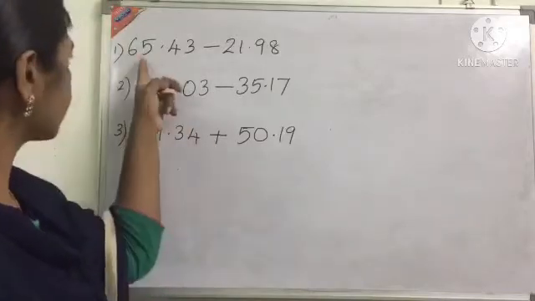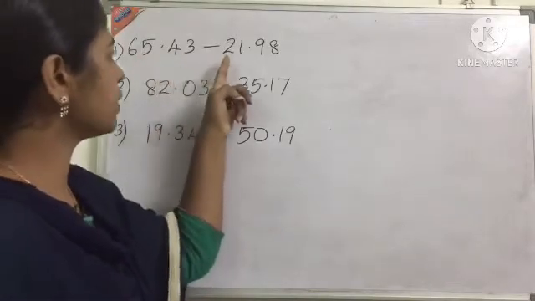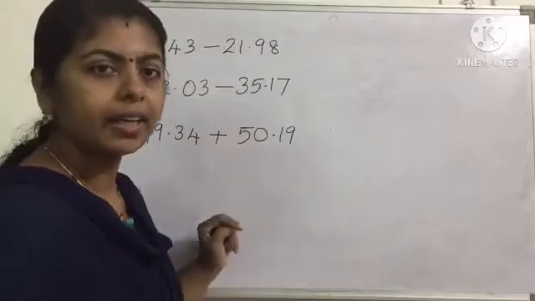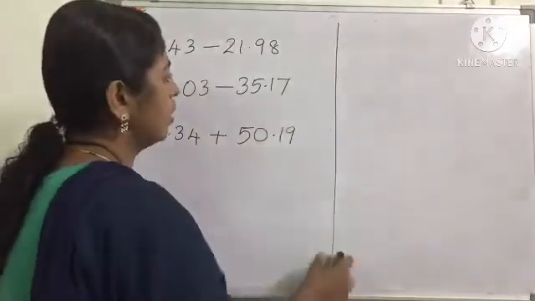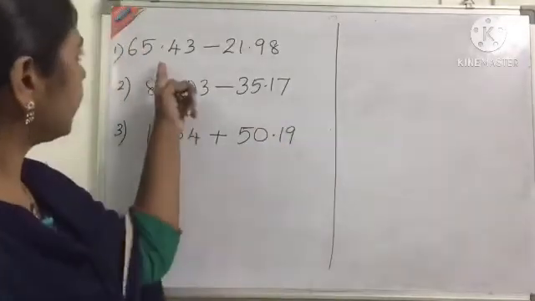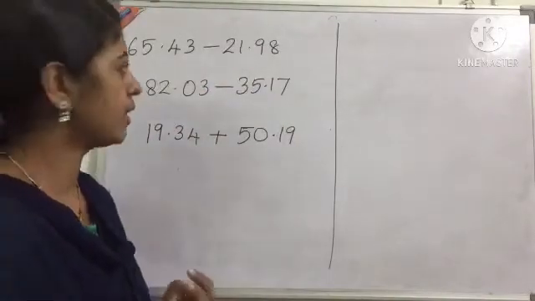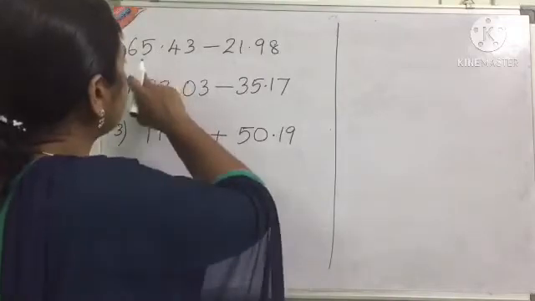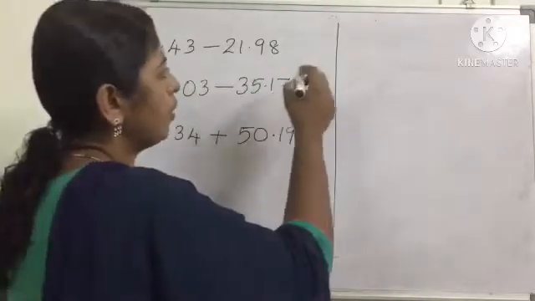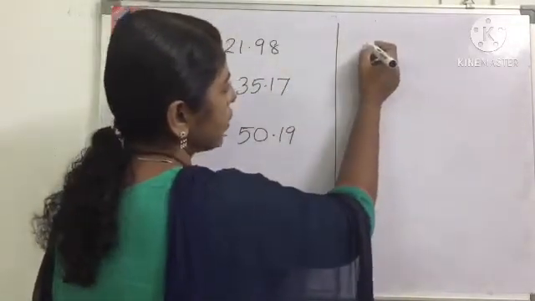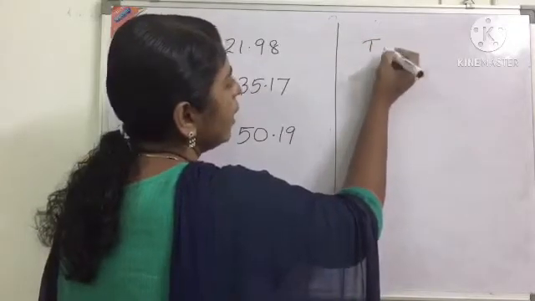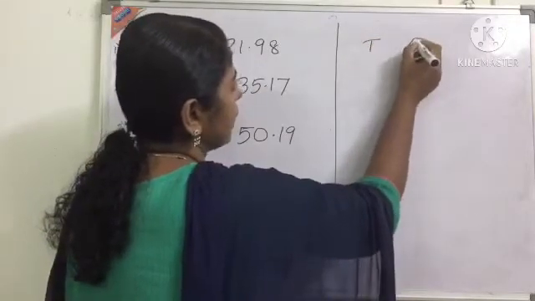So the first one, 65.43 minus 21.98. Then for writing this in the vertical way, first we can write the positions. Here 2 digits are there in the whole part. So we want to write the positions, tens and ones.